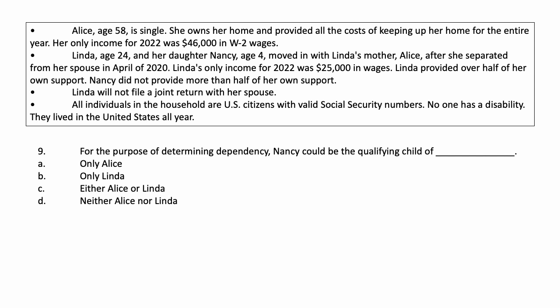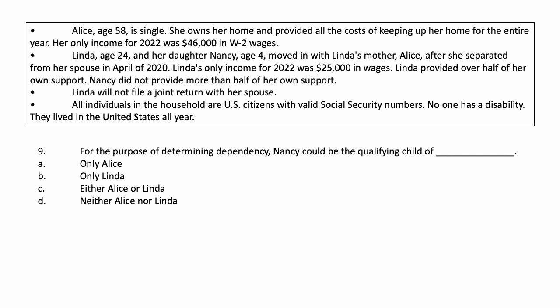That's after Linda separated from her spouse in April of 2020. Linda's only income was $25,000 in wages. She provided over half of her own support. Nancy didn't provide more than half of her own support. Linda will not file a joint return with the spouse, and all individuals are U.S. citizens with valid Social Security numbers. No one has a disability. They lived in the United States for a year.